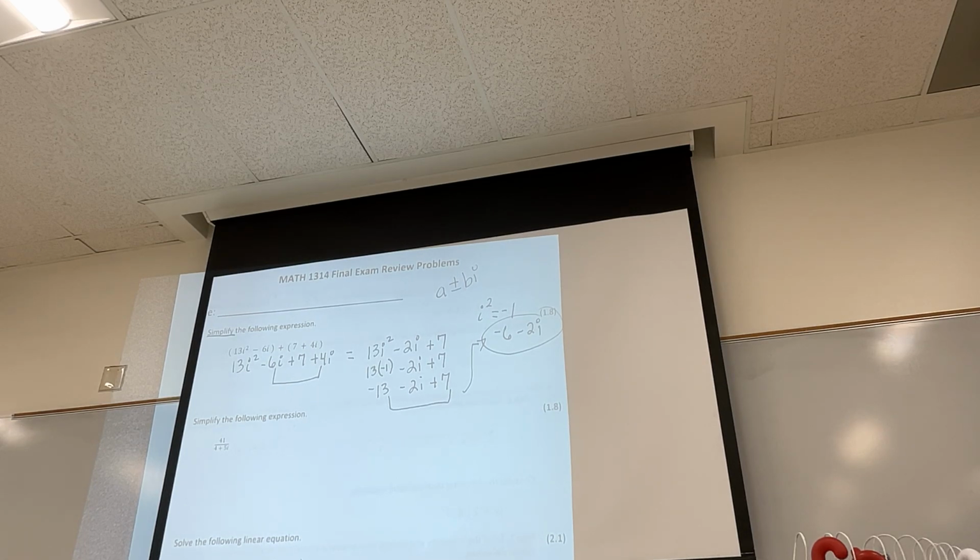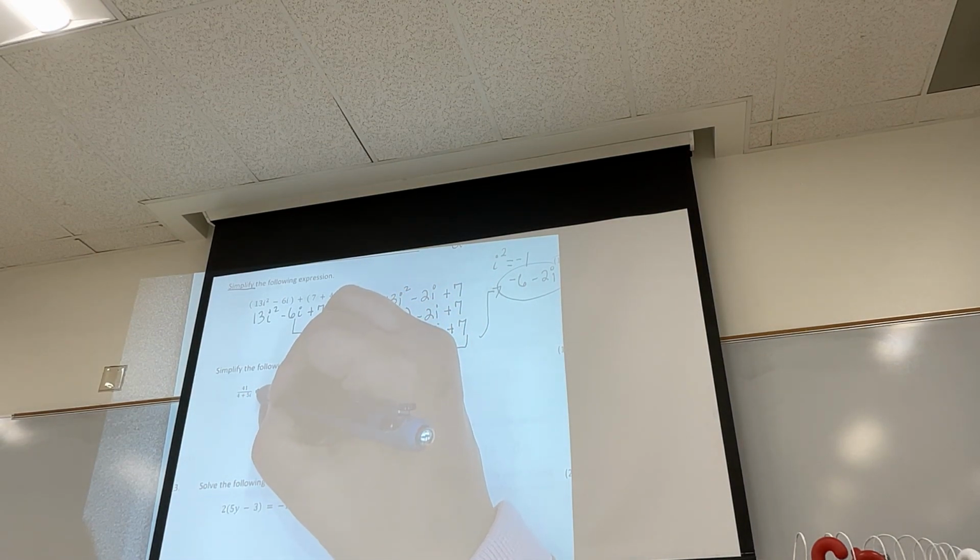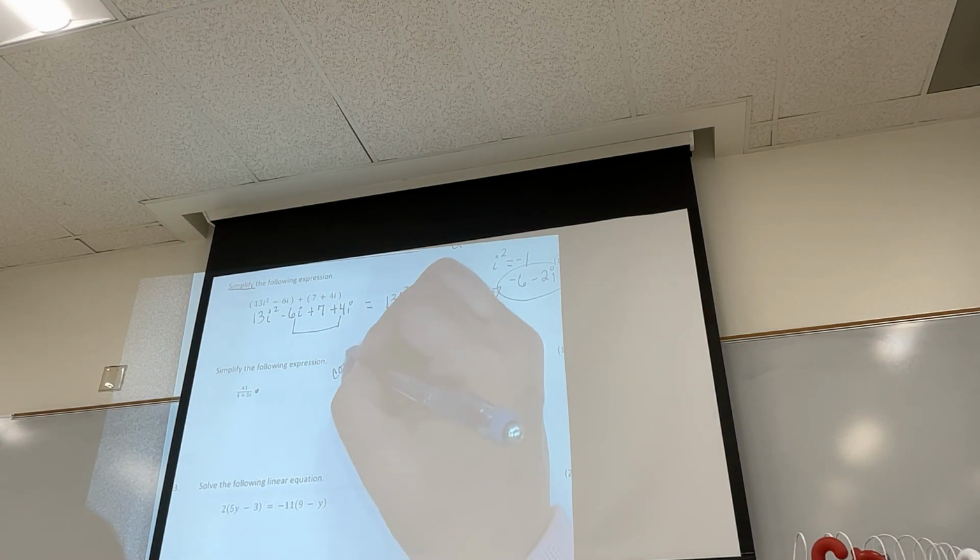Simplify the following expression. Let me bring this up. So we have a denominator here. Do we divide in college algebra? No. What do we do? Multiply. Okay. So how do we get rid of the 4 plus 5i? Multiply by the conjugate. Okay. So what does the word conjugate mean? The opposite of what part?